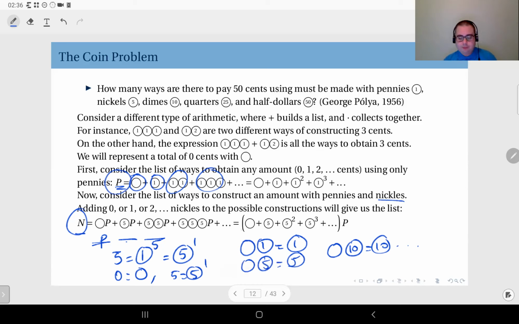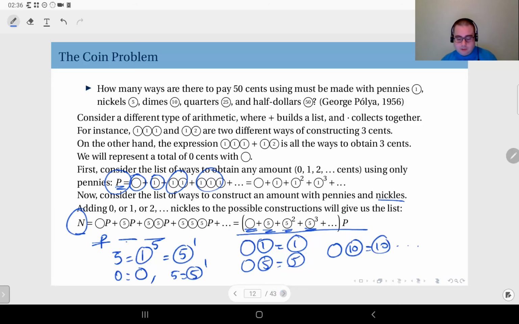So I can represent this by this product here, again, the empty coin plus just a nickel plus 2 nickels plus 3 nickels, etc., multiplied by P. So this gives me all the ways I can combine nickels and pennies to obtain any amount.